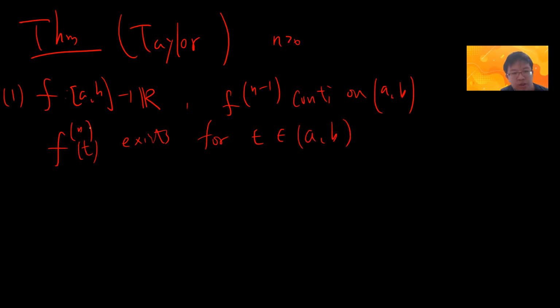Remember that I didn't say the nth derivative is continuous, I only say it exists. And the second condition is that for any alpha and beta, distinct numbers, alpha not the same as beta, both of them in the closed interval ab.